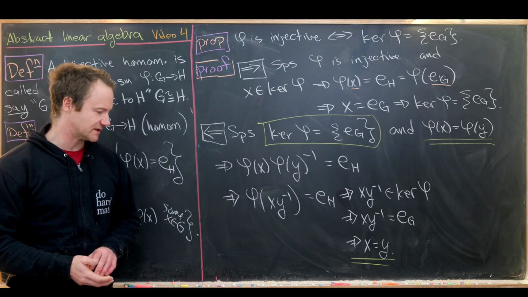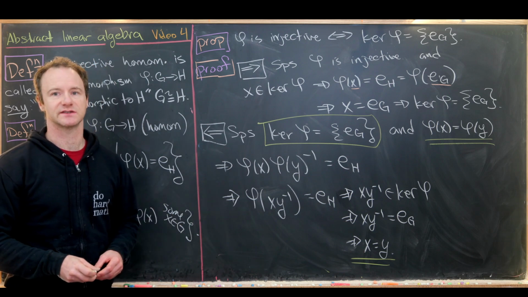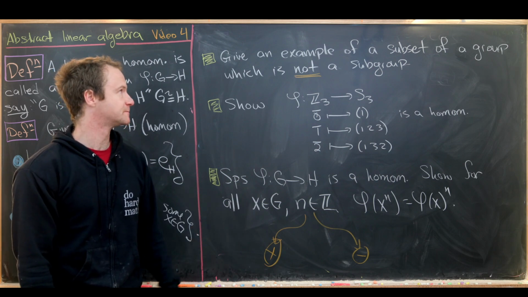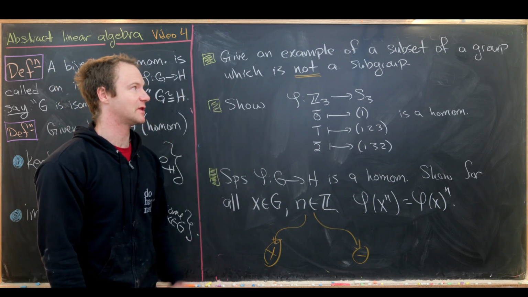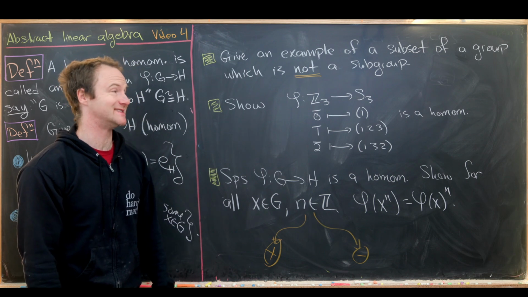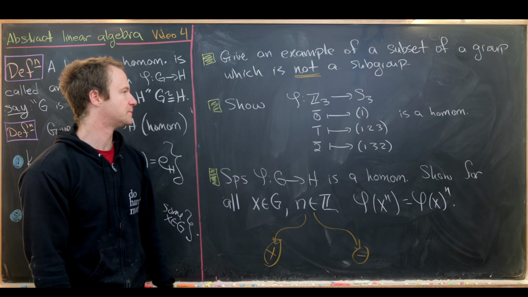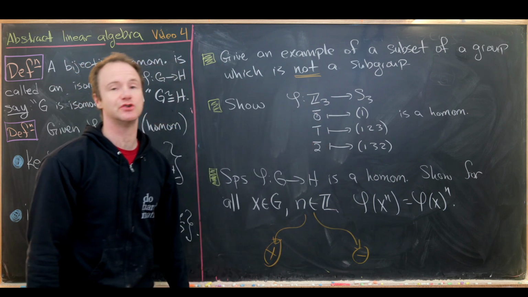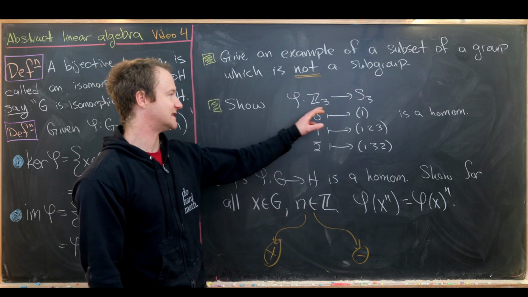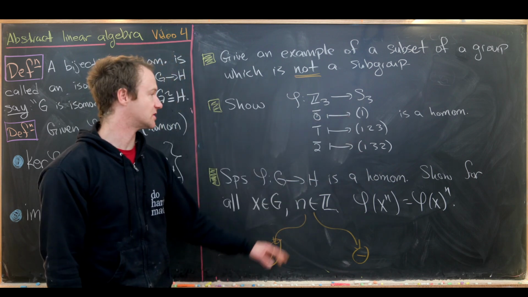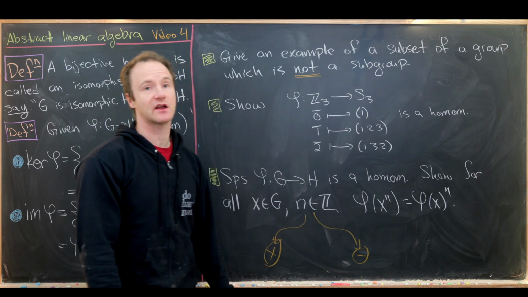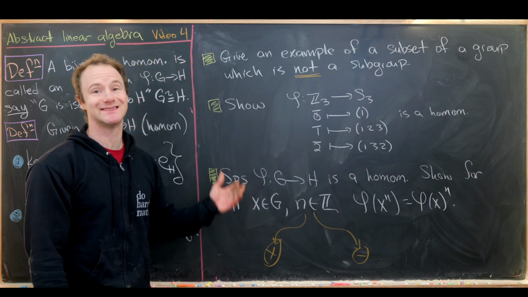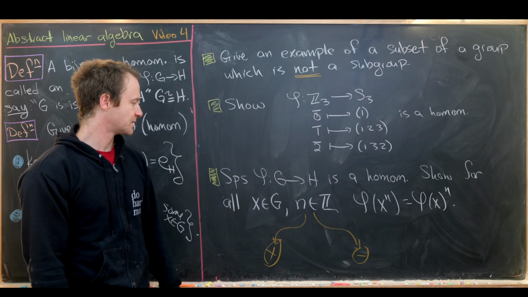Okay, so let's leave today with a couple of homework exercises. So I'm going to leave you guys with a couple of warm-up or homework type exercises. So the first is to give an example of a subset of a group which is not a subgroup. The next is to show that the map phi from Z_3 to S_3, which takes 0 bar to the identity permutation, 1 bar to the 3-cycle (1 2 3), and 2 bar to the 3-cycle (1 3 2), is indeed a homomorphism.